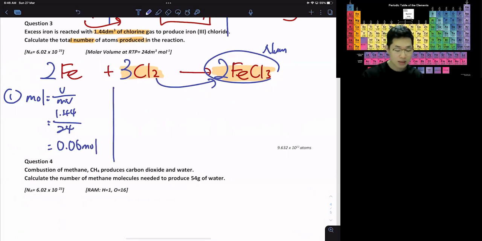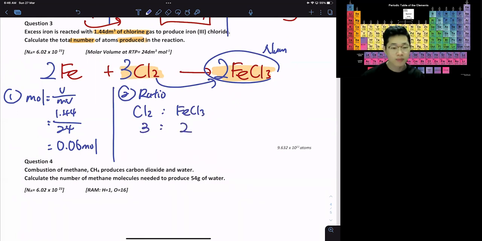Second step, ratio. From the given Cl2, we find the number of FeCl3. It's 3 to 2. Bring the number you calculated here and start finding the mole of FeCl3.